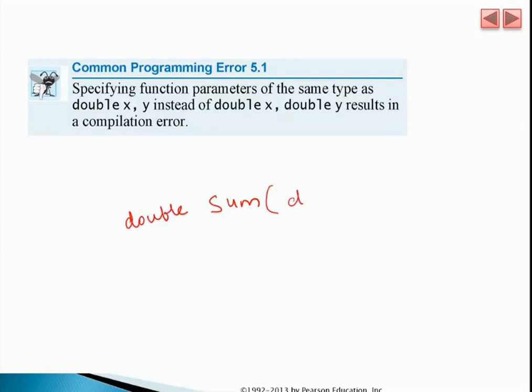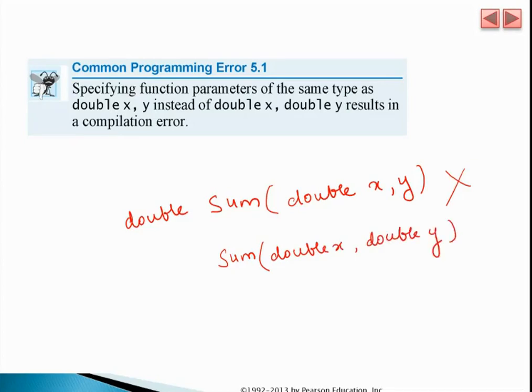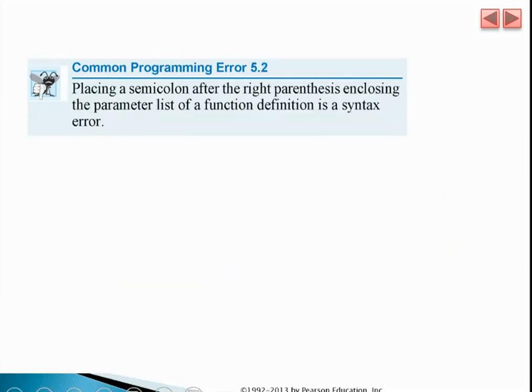In prototyping or in definition, students may write x comma y. These are two variables of double data type. This is wrong, right? In function prototyping and definition, you have to write double x comma double y. You cannot combine this. So this is again one common error that students will make.